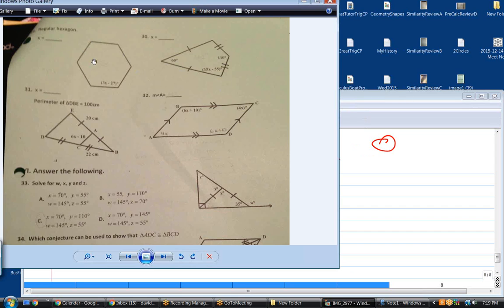Okay. Is this a regular hexagon? They want to know what x is, and that angle is 3x minus 27. So we need to figure out what that angle is. Once we know that angle, then I can just say 3x minus 27 equals that angle and solve for x.